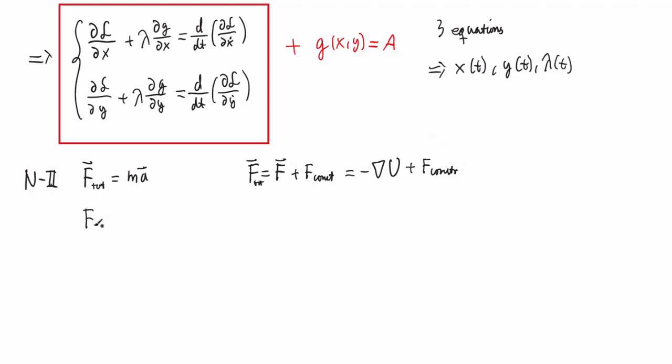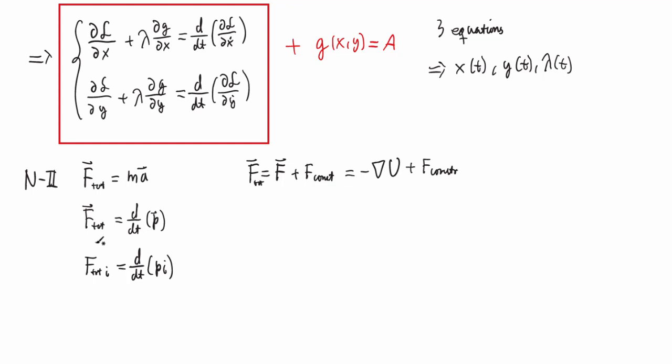So Newton's second law now says that the total force is d/dt of p. And we know that we can write this force, this is in vector form, we can write that, of course, as vector components.